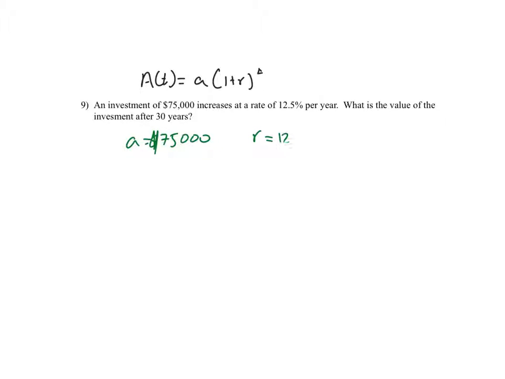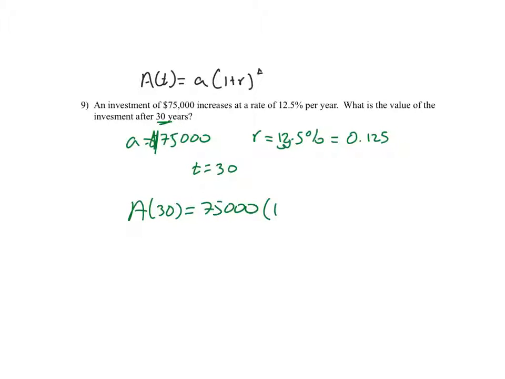So r equals 12.5%, moving the point 2 times, so this equals 0.125. What is the value of the investment after 30 years? So t equals 30. So A of 30 equals 75,000 times 1 plus 0.125 to the 30.